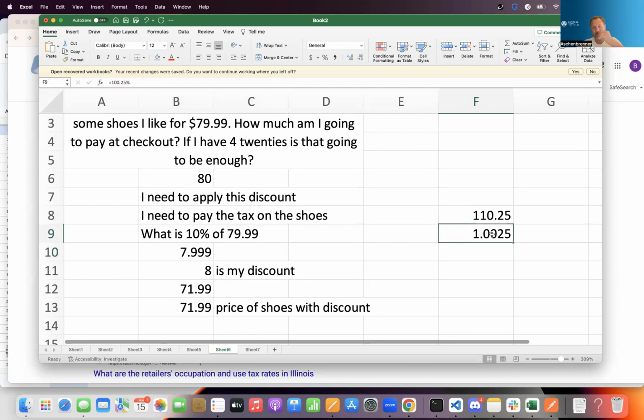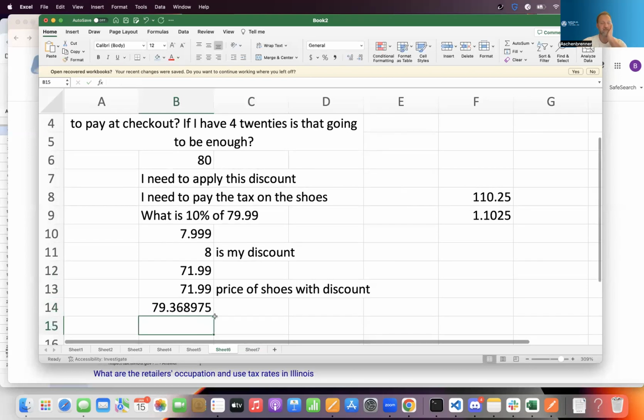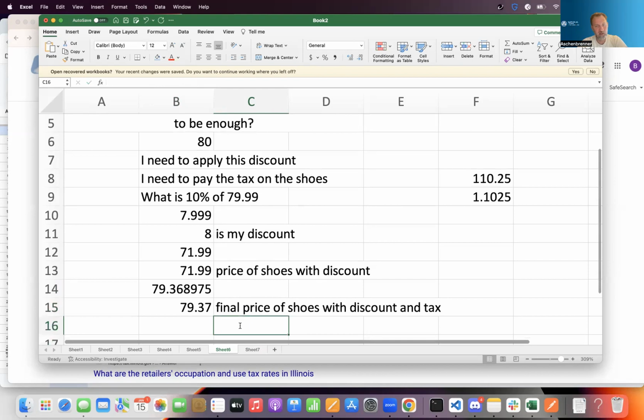So this is my multiplier. Left out the 10, that's kind of important. And so now I'm just going to use that multiplier directly on 71.99. So the final price is 79.37. And this is the final price of the shoes with discount and tax.